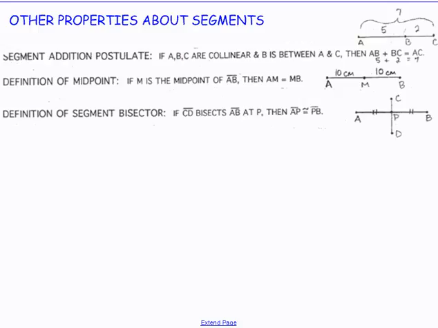We have a couple other postulates and so forth that we need to talk about before we get started with the proofs. One of them is the segment addition postulate.